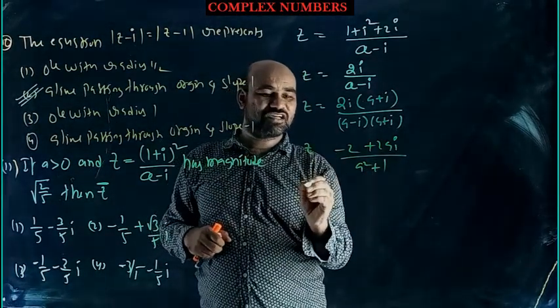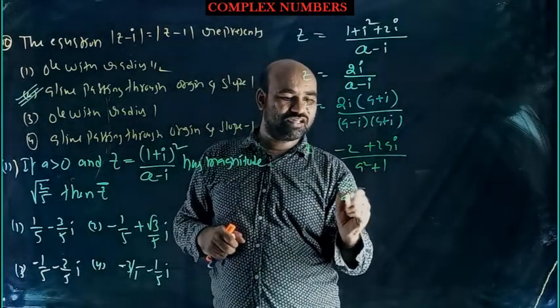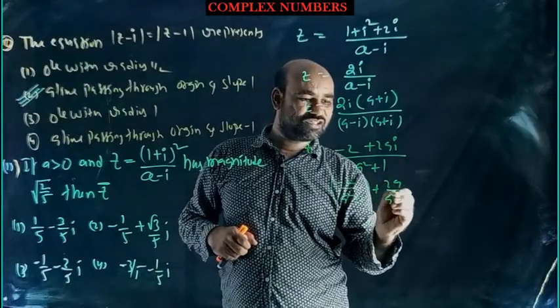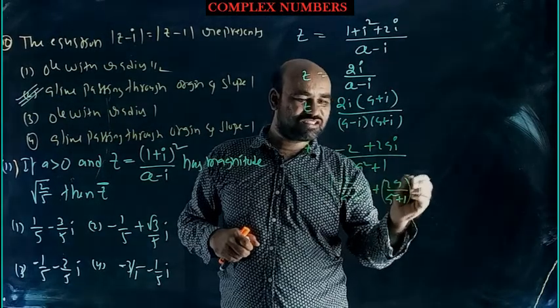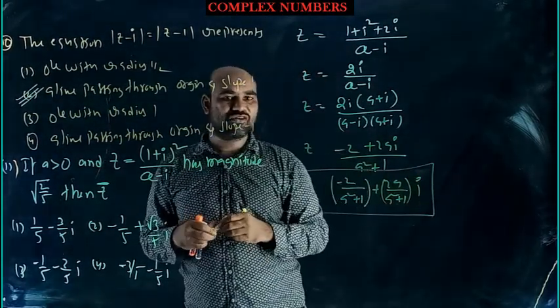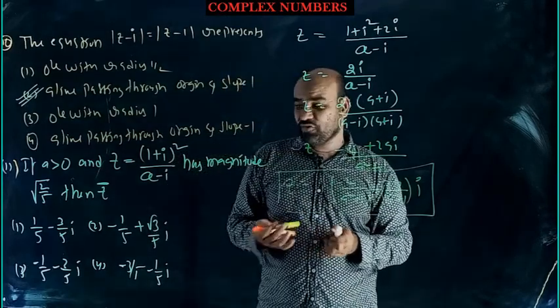So this is nothing but minus 2 / (a² + 1) plus 2a / (a² + 1) i. This is the actual z. If you know the value of a, then only you can find its conjugate. To find a, a hint is given.